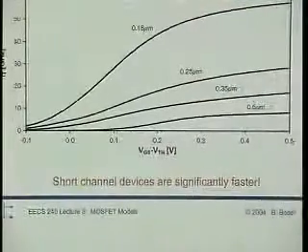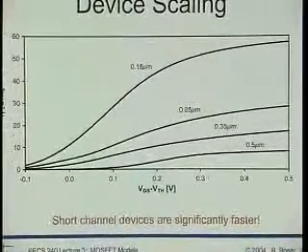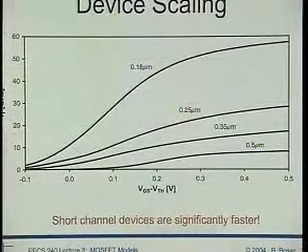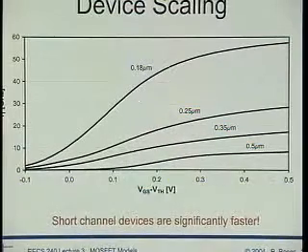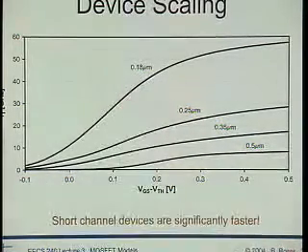I said already, it depends on the technology, and we see that here. So here FT is shown as a function of VGS again, for different channel lengths, different processes; in fact, it's always the minimum channel length for the respective technology. And we see the 0.18 micron has by far the highest FT.